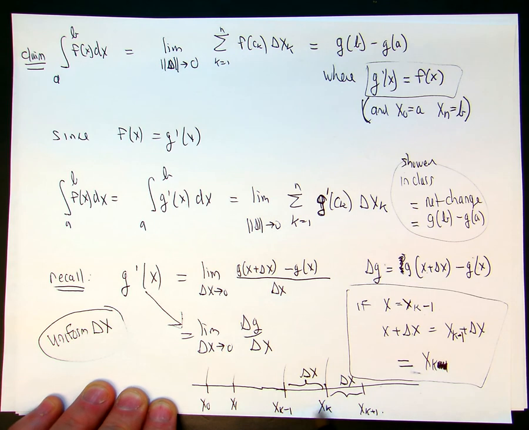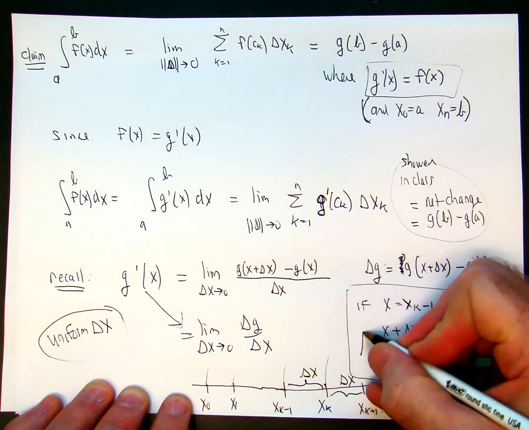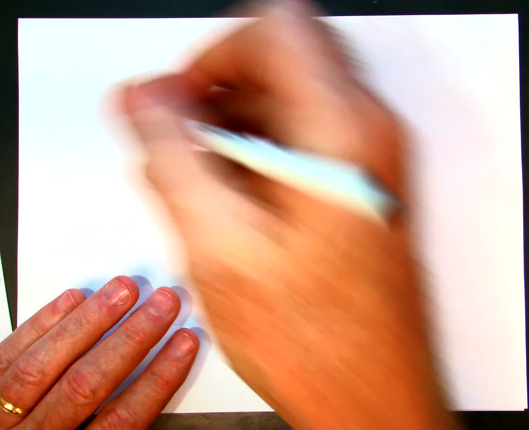So just this idea we talked about before the exam right here. If we're at xk minus 1, we move our delta x, we get to xk. That's all I'm saying right here, but this is important, and we'll come back to it. Okay, so now I'm going to go over what we did in class.